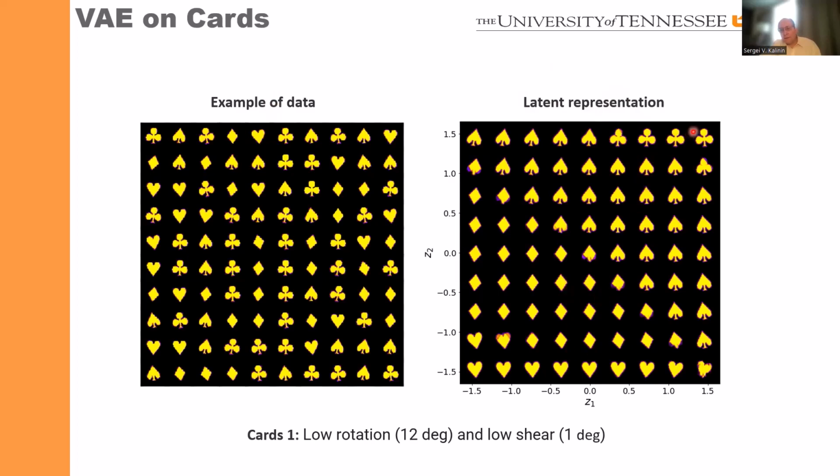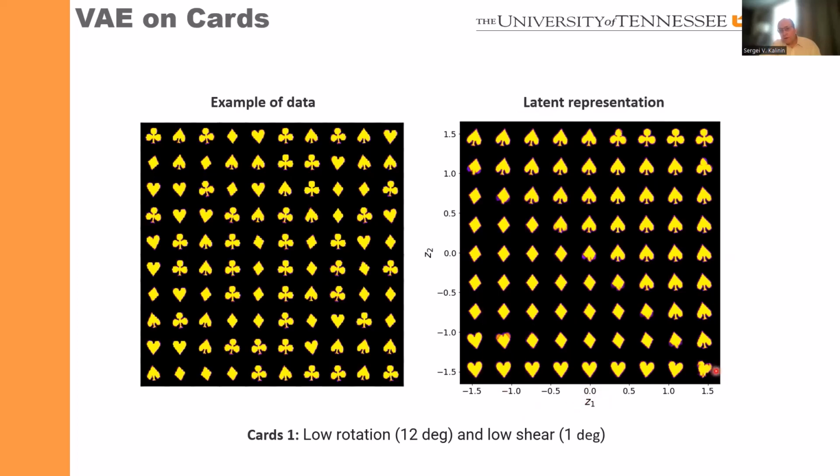You can see that the clubs are sitting in this part of the image, diamonds in this part, hearts in this part, and pikes in this part of the image. So we cannot say that the latent variables in this case have any particular meaning.